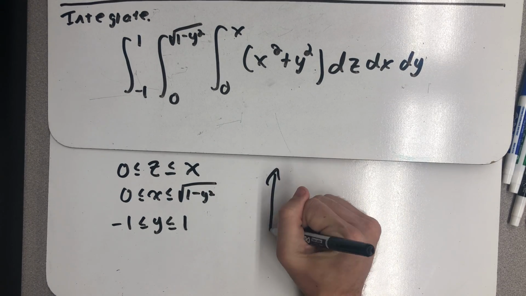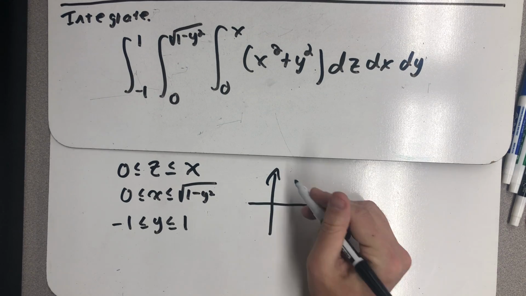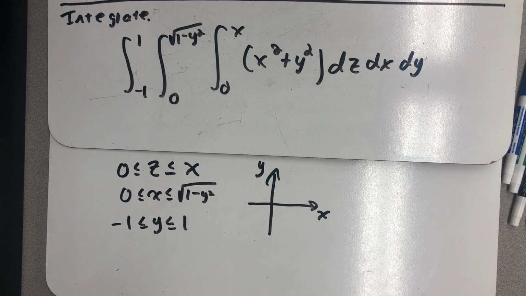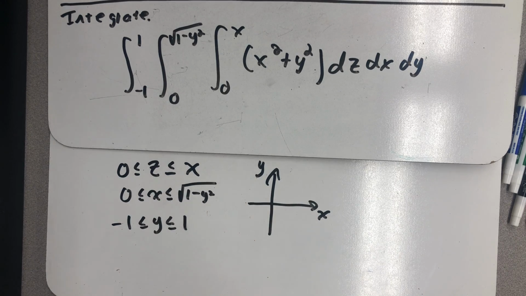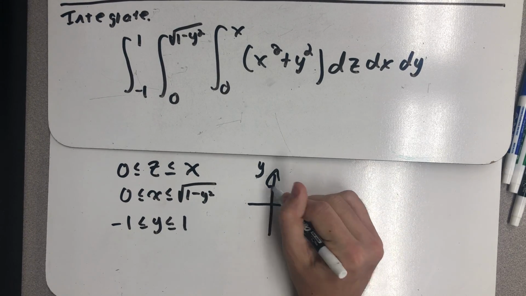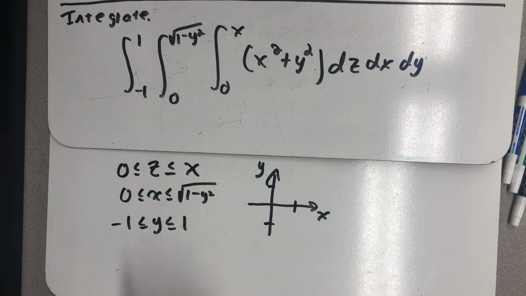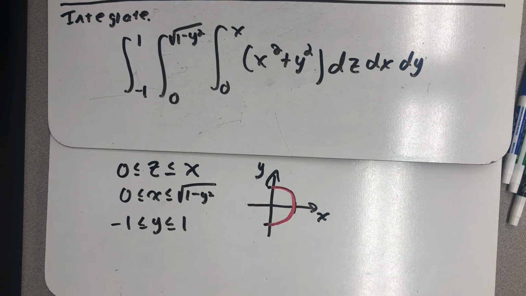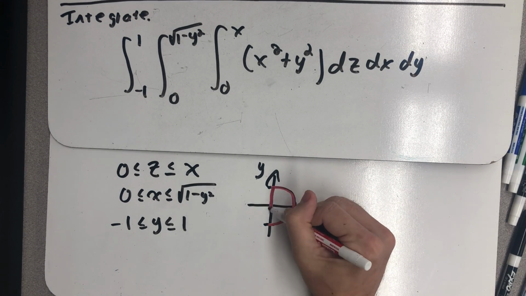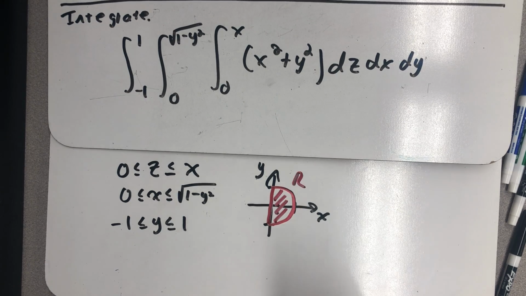I need to think about the region in space, but I also need to think about the projection in the xy plane. This is pretty easy: x equals 0 here, and x equals the square root of 1 minus y squared, certainly the right-hand side of the unit circle. Put that together with drawing it from -1 to 1 in the y direction, and I get this region, the region I've traditionally called R.